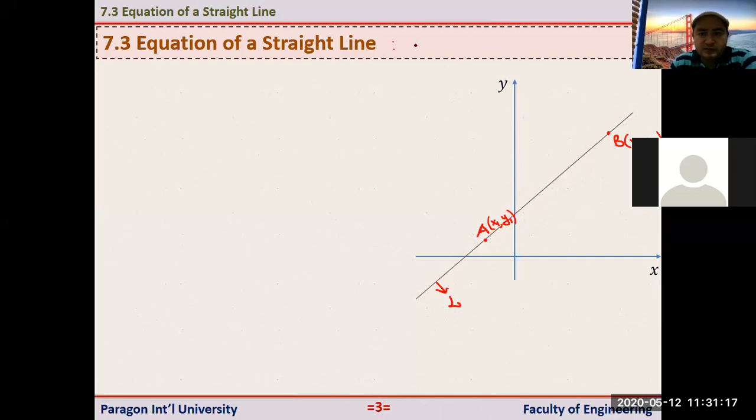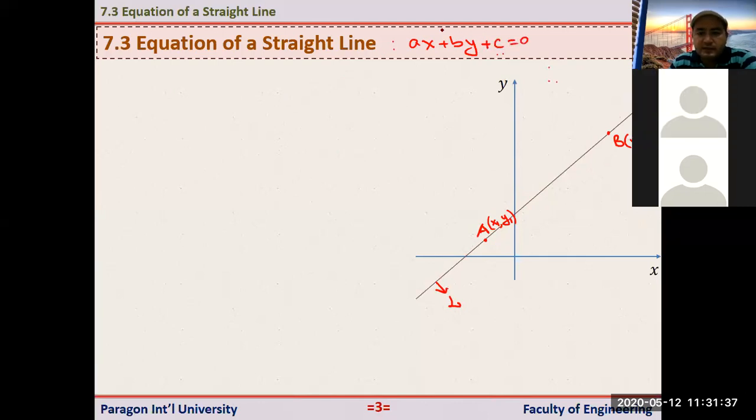The general form is like this: ax plus by plus c is equal to 0. That is the general form of the equation of a straight line. Now we are trying to get this equation, or another form also. We are going to see this soon.